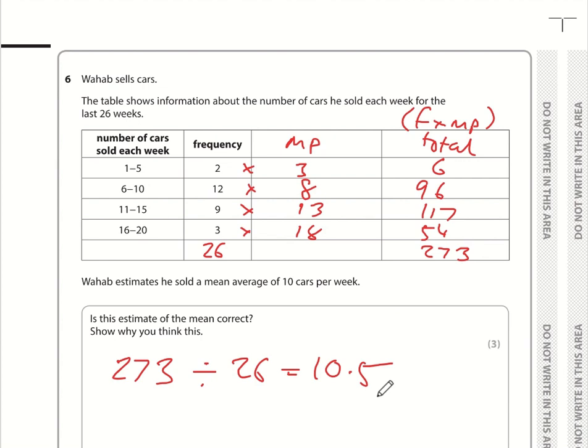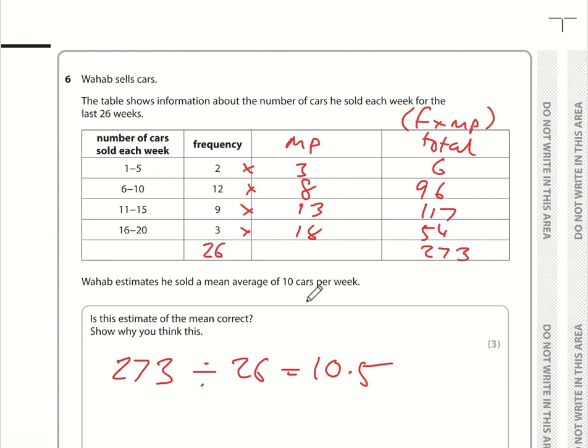We've got 10.5. Well, first of all, you can't sell half a car, so we could round that up to 11, I suppose. But we're dealing with estimates here. This isn't an exact mean, because we're making lots of assumptions, namely that in this first row here, we're assuming that both weeks it was 3, and as I said, it could have been 1, could have been 5.